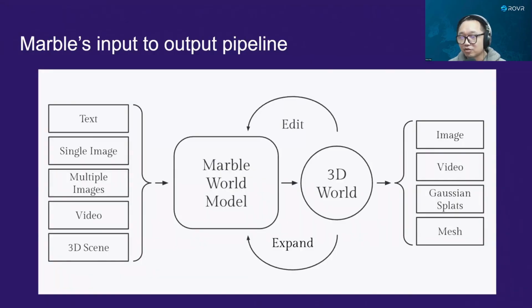Because we think the large language models like ChatGPT and Gemini or Sora are AI 1.0, and I would like to call Marble AI 2.0. The language models are just for humans, built for talking to people.